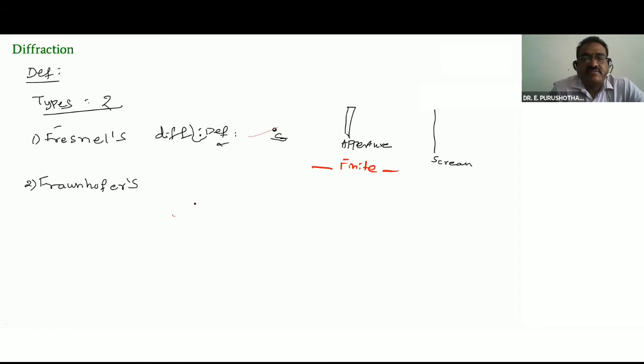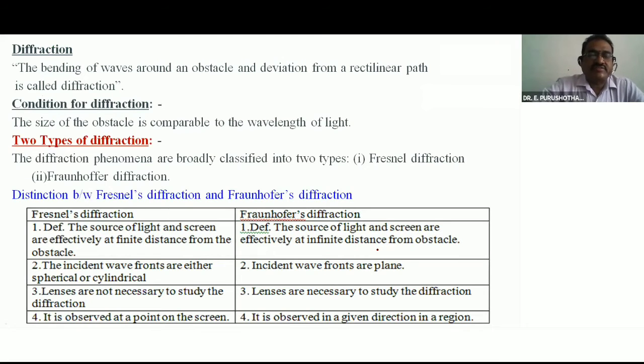If the source and the screen are placed at infinite distance, that is called Fraunhofer diffraction. You can see on the screen.